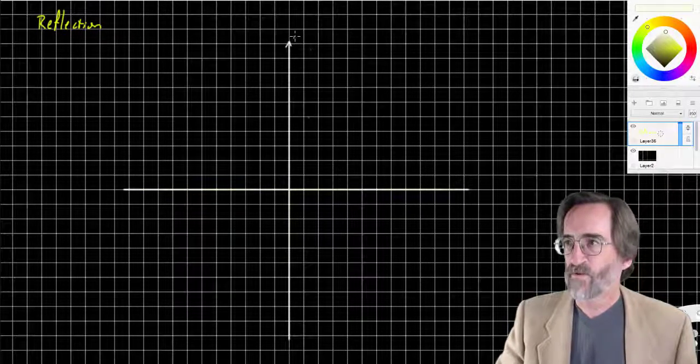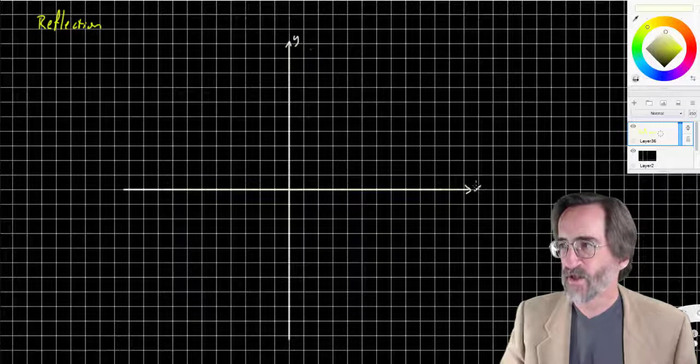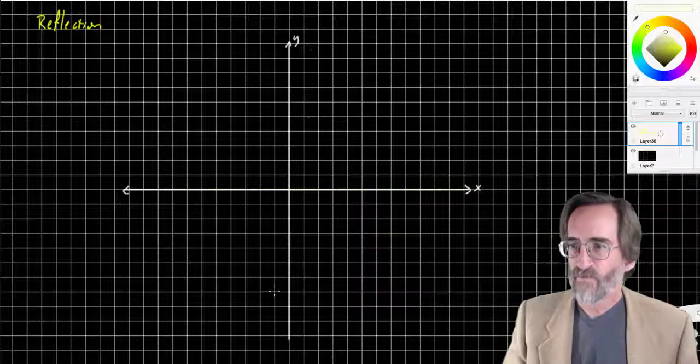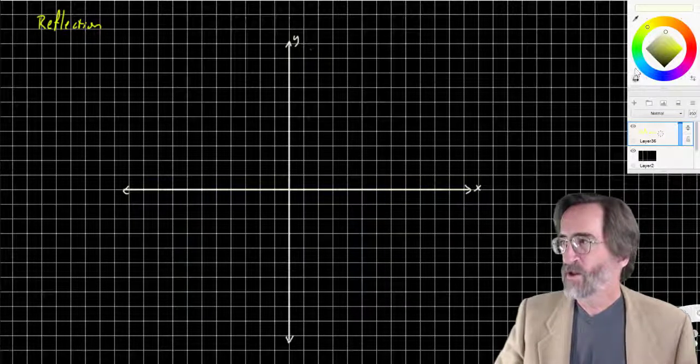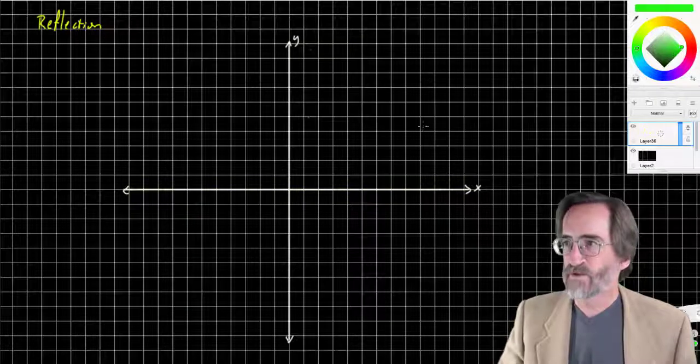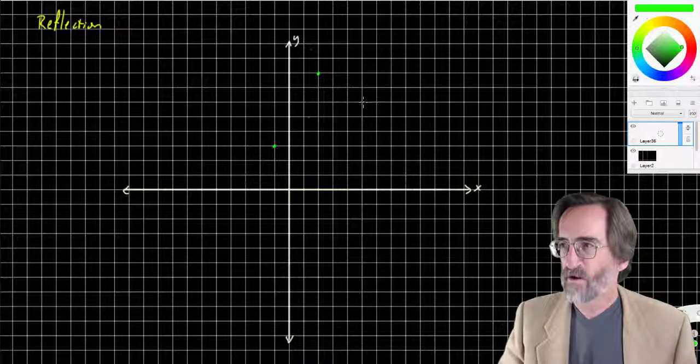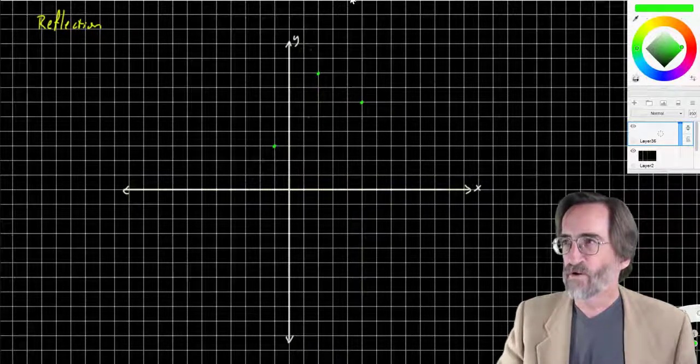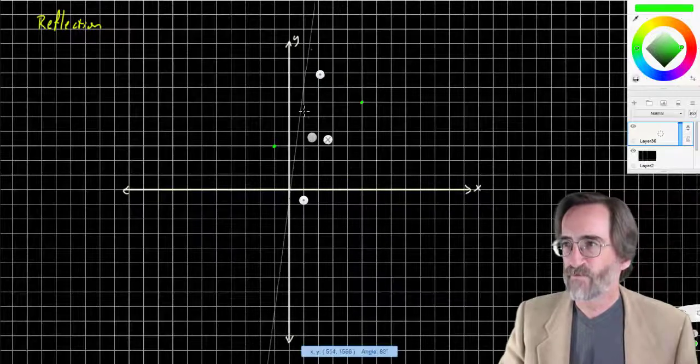So this is the y-axis and this is the x-axis. Let's plot some points here. How about like this here? So we'll call this triangle ABC.